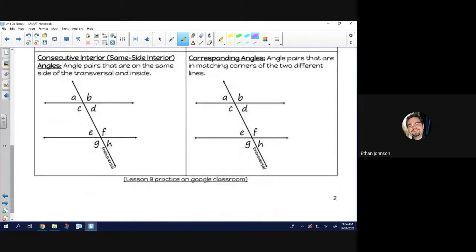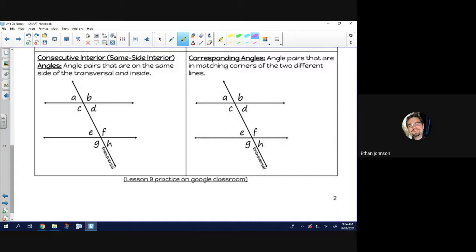The other two relationships, one is called consecutive interior, which we may also refer to as same side interior. Now, what consecutive interior or same side interior is referring to, well, consecutive is next to each other, or you can think of it as the same side.